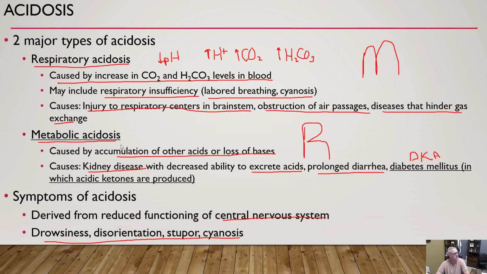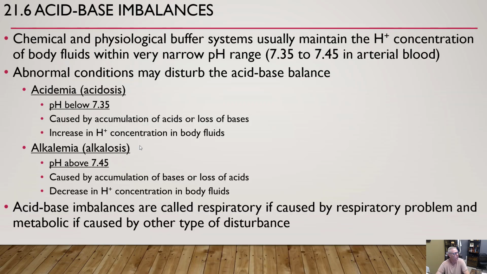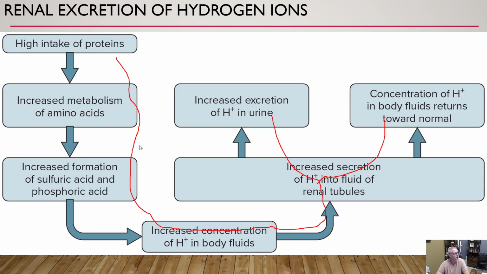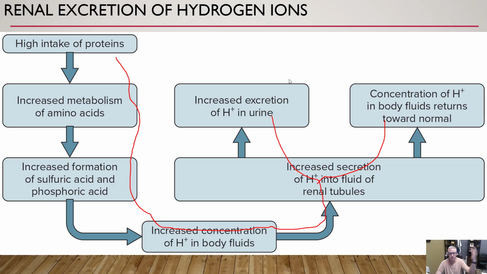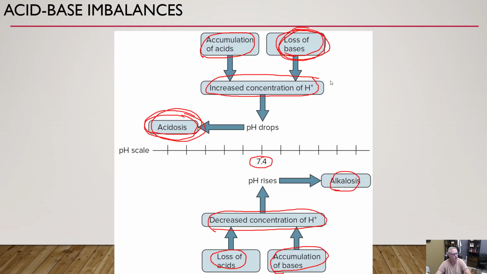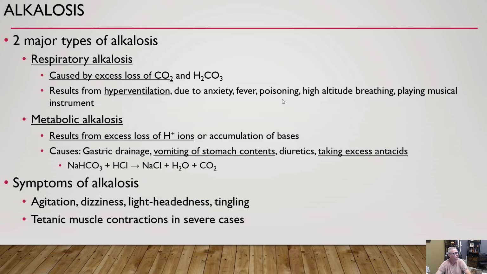So if we have a metabolic condition, we are going to treat that condition by adjusting our breathing, our rate and depth of breathing. So if we have a respiratory condition, we're going to treat that metabolically. If we have a metabolic condition, we're going to treat that respiratory wise.